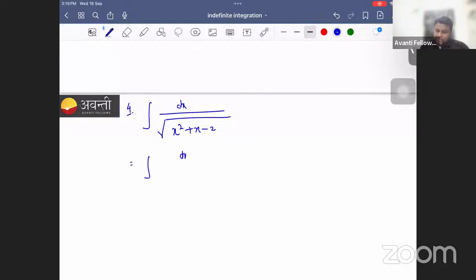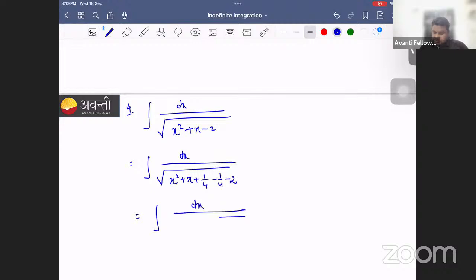So dx upon under root of x square plus x plus 1 by 4 minus 1 by 4 minus 2. So dx upon inside the root x plus 1 by 2 whole square minus 9 by 4. This 9 by 4 will be 3 by 2 square.